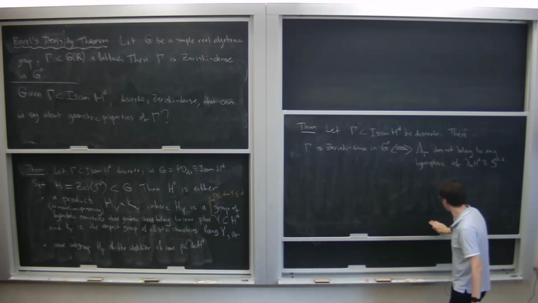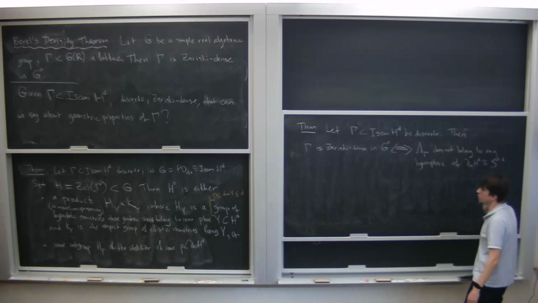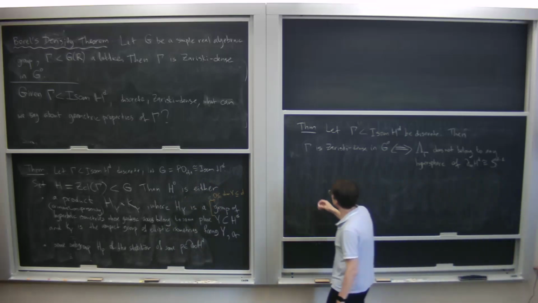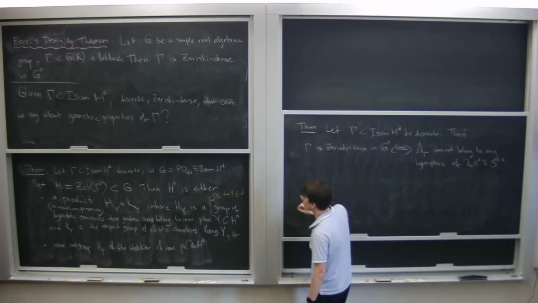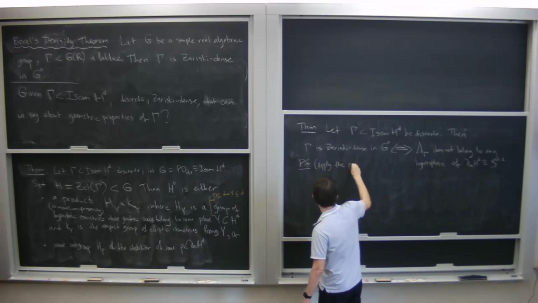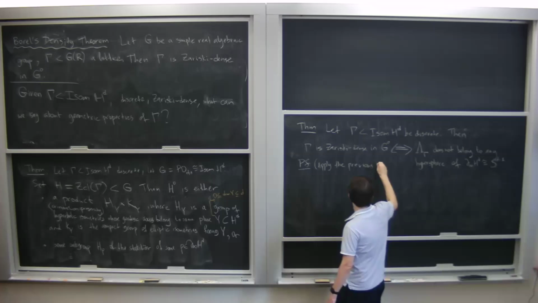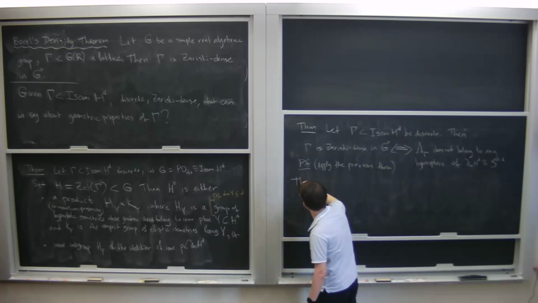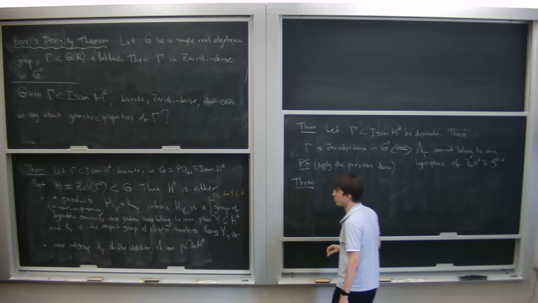You might remember that we discussed in particular reflection groups, and for reflection groups, the proof is to apply the previous theorem. And I can write now the following theorem.